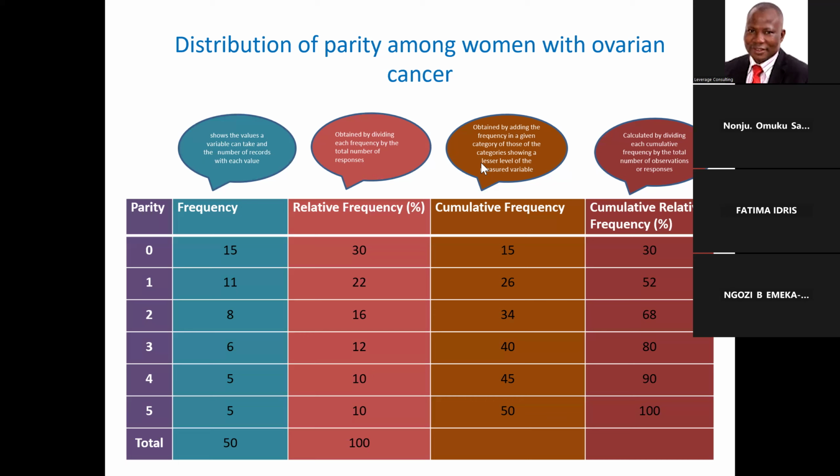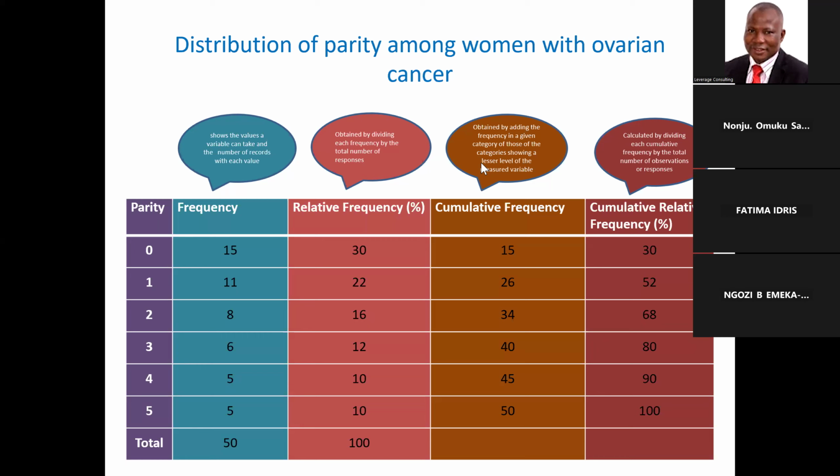Now, the frequency distribution. After that first column, the other columns in different colors each denote frequency, relative frequency, cumulative frequency, and cumulative relative frequency.